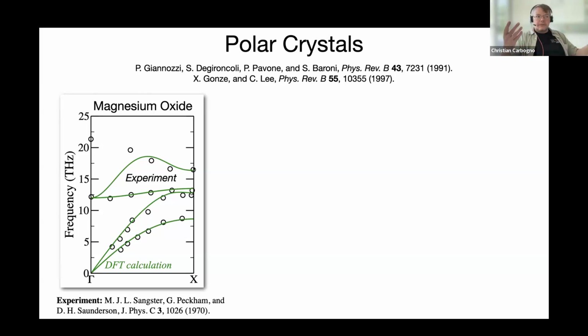This gets even more pronounced if you go to a more complicated crystal. Think about an organic crystal. If you have this crystal built out of individual molecules, the vibrations within the molecules will be optical and very strong, because the molecule itself is strongly bound.